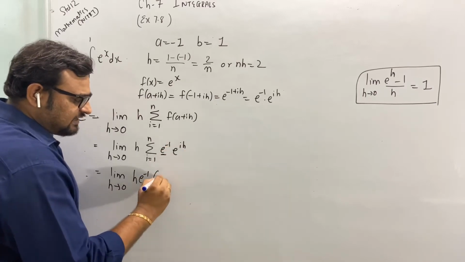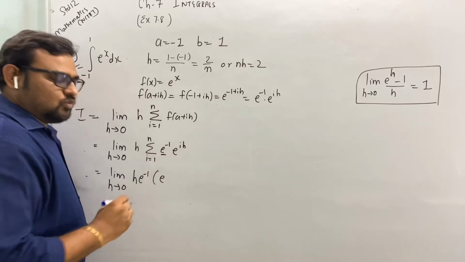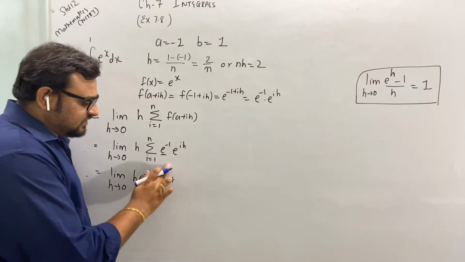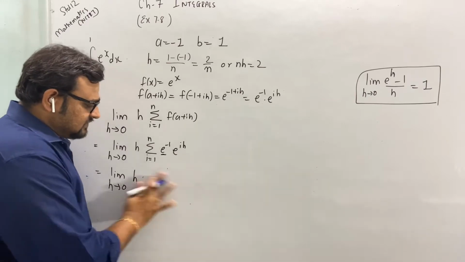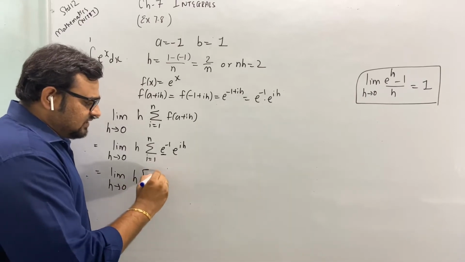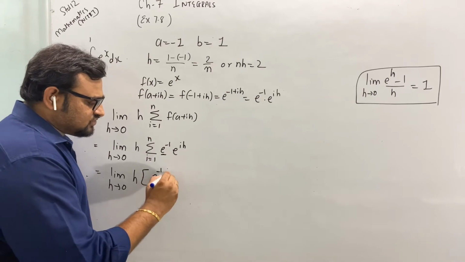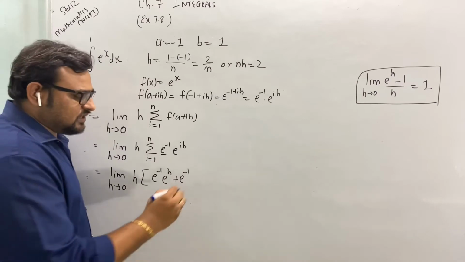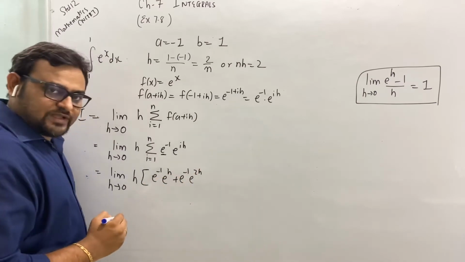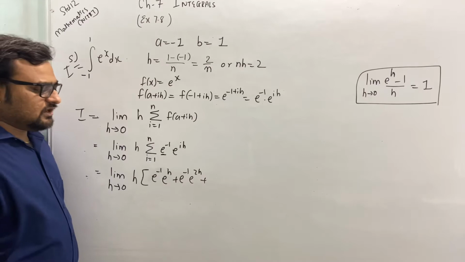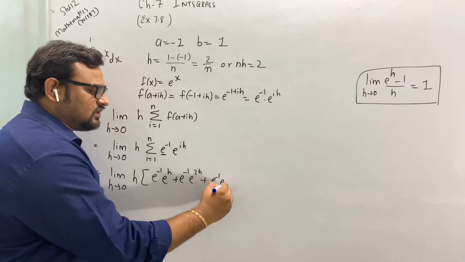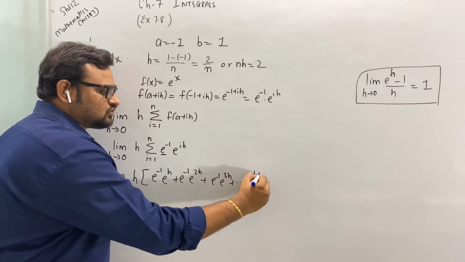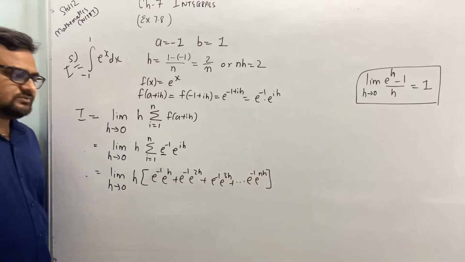Instead of that, I can write e raised to minus 1 into e raised to 1h, plus e raised to minus 1 into e raised to 2h, e raised to minus 1 into e raised to 3h, up to e raised to minus 1 e raised to nh.